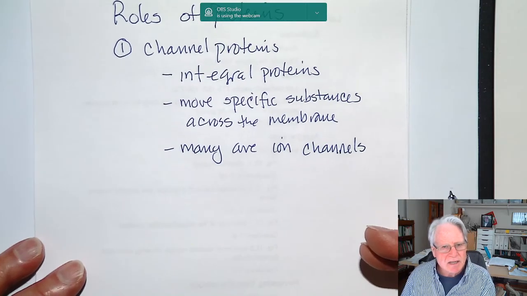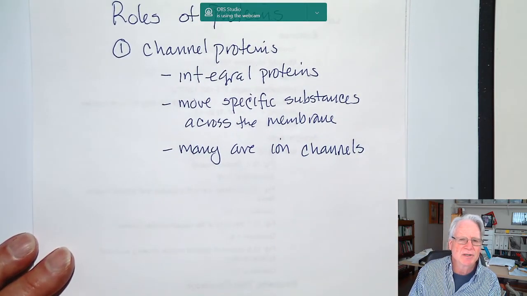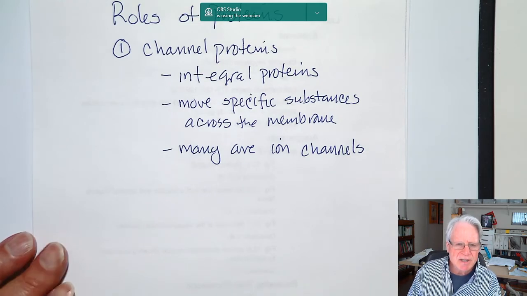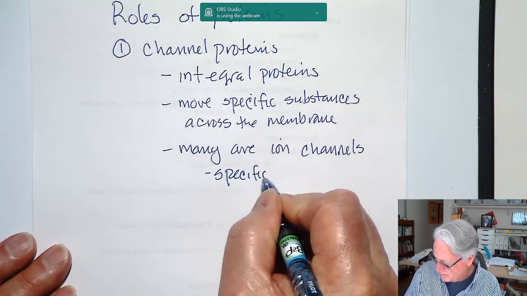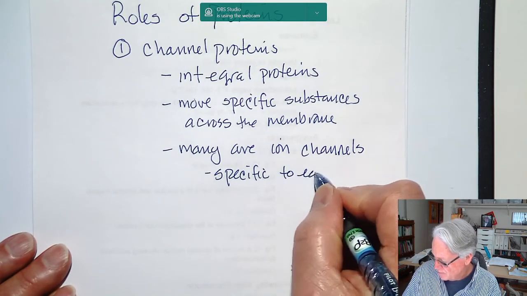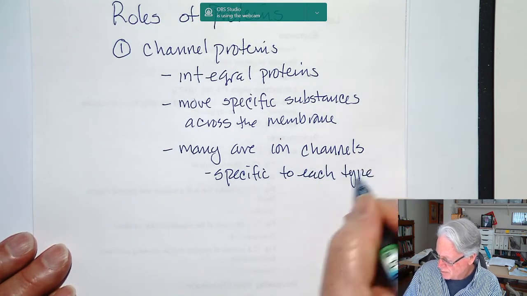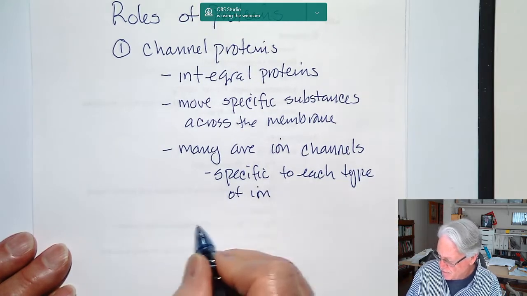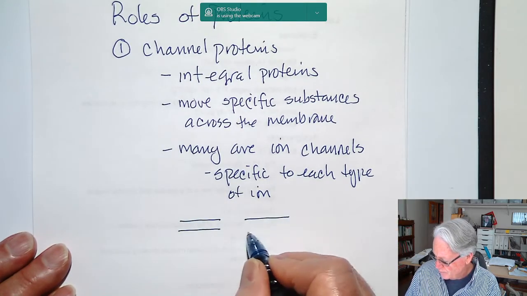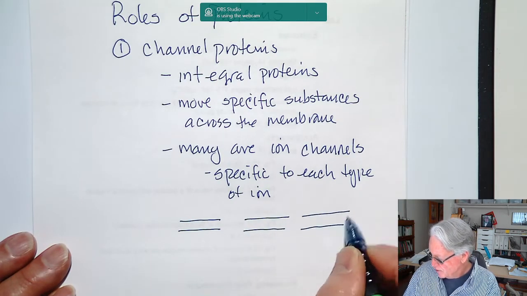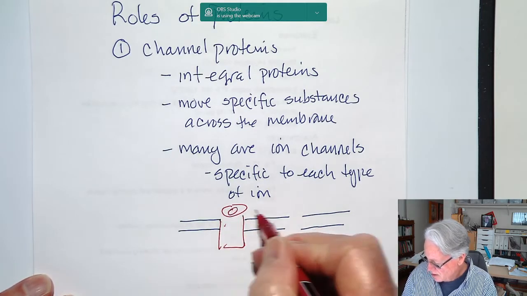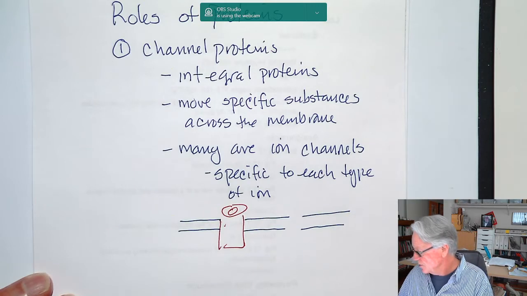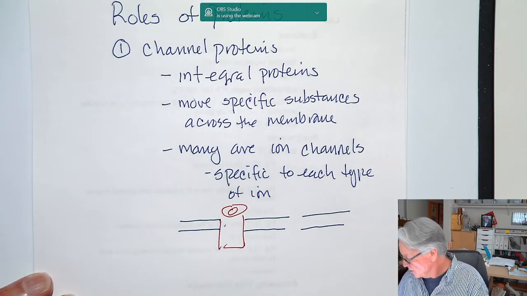And here is a key concept, a key fact that you should always keep in mind. Ion channels are specific to what ion can pass through them. So they are specific to each type of ion. So if you have, for the sake of argument, two kinds of ion channels, and I'll indicate that there are two kinds by different colors here.